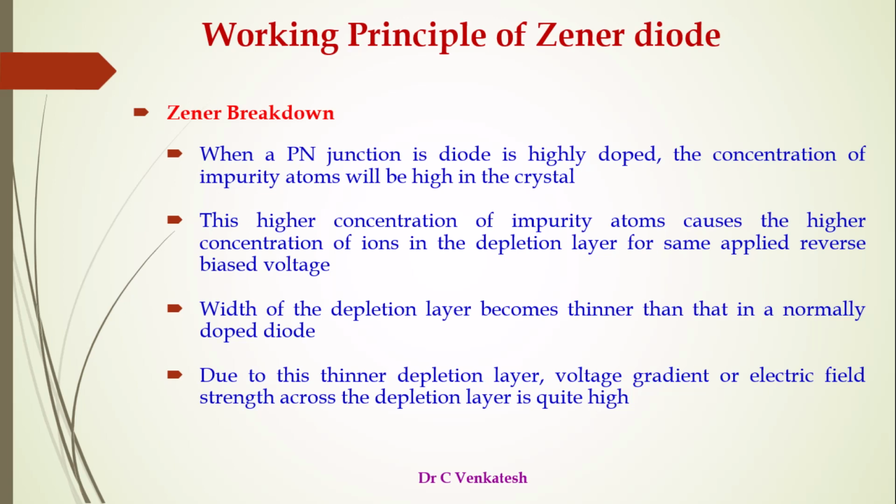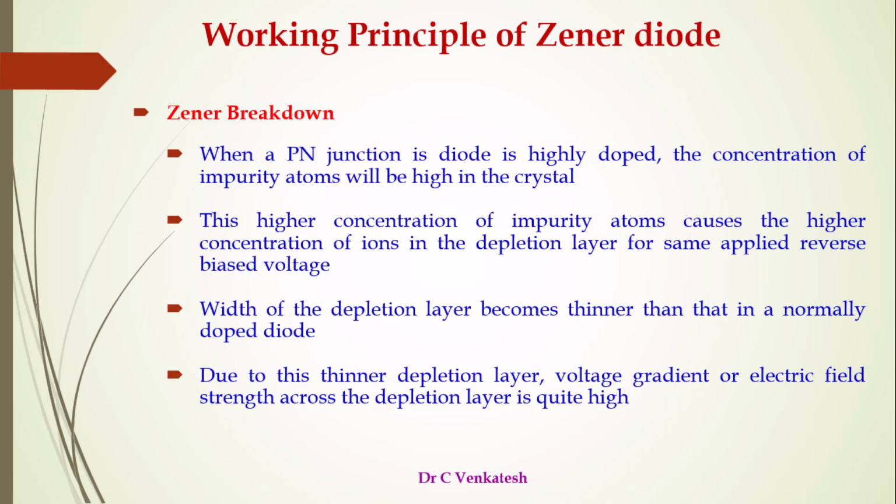When this type of semiconductor PN junction diode is reverse biased, the depletion layer increases, whereas here, in the highly doped condition, the width of the depletion layer becomes thinner than that in a normally doped diode.